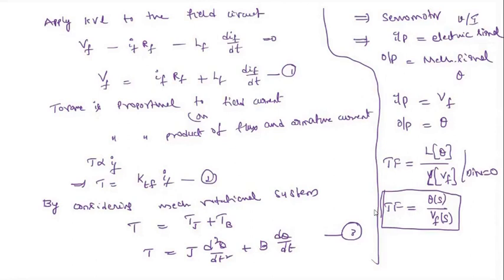So for this system, the input is field voltage and the output is angular displacement. The transfer function is defined as the Laplace transform of output to the Laplace transform of input under zero initial conditions. Taking the Laplace transform, theta becomes theta of s and Vf becomes Vf of s. This is the transfer function we need to find out.